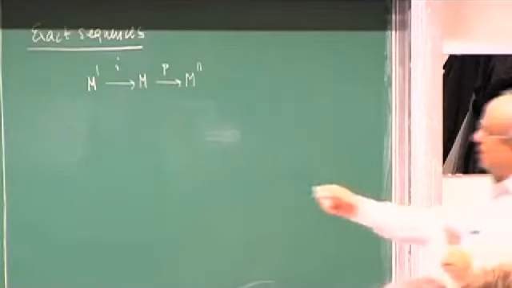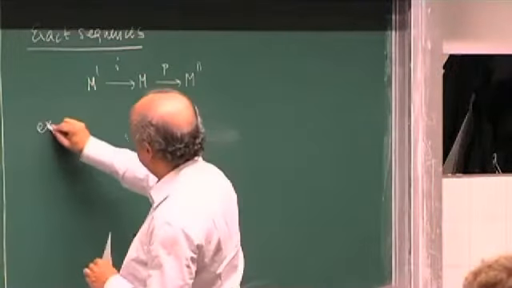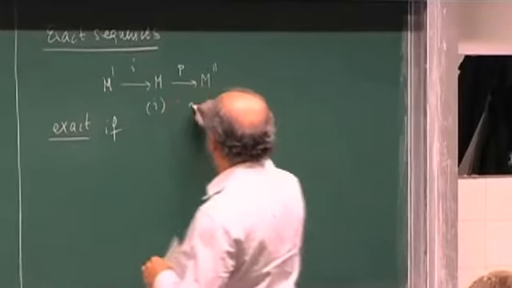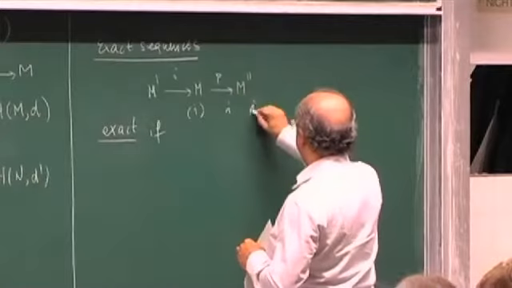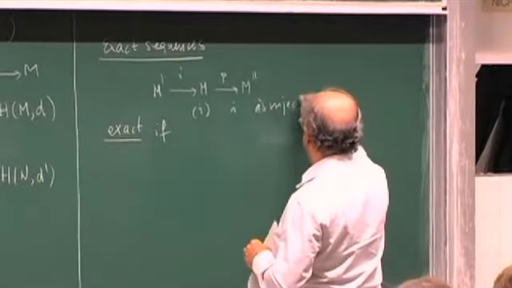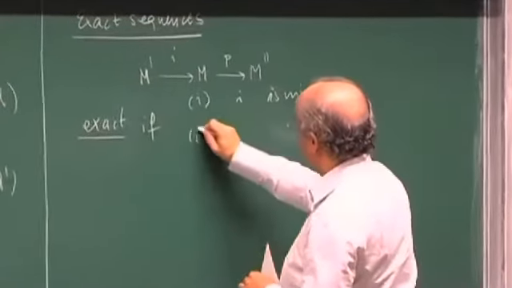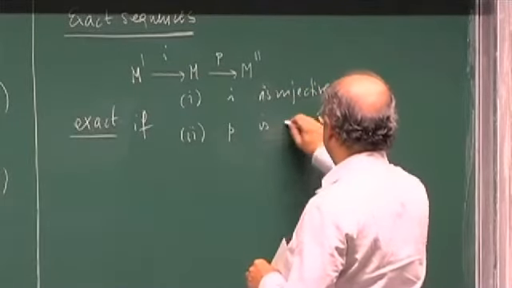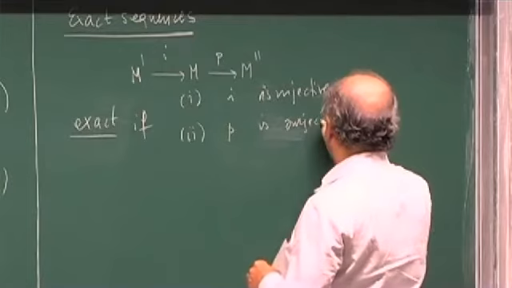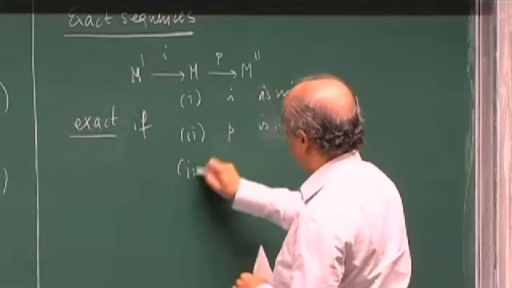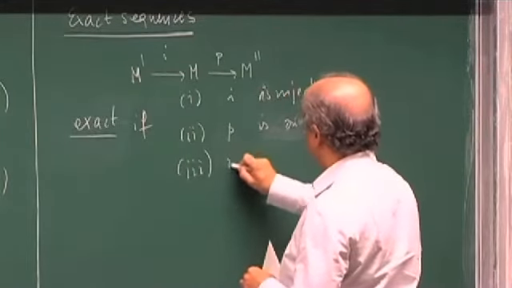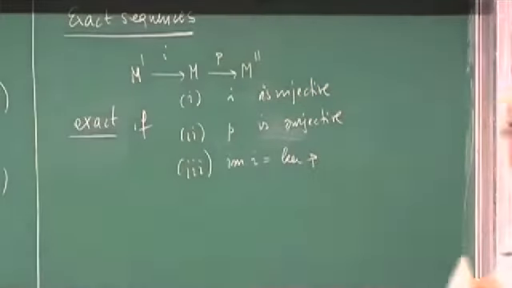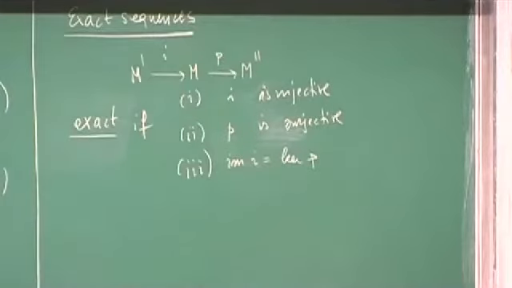Then we say that this is exact if three conditions are satisfied: the first map I is injective, the second map P is surjective, and the third condition is that the image of I coincides with the kernel of P as a submodule of M.